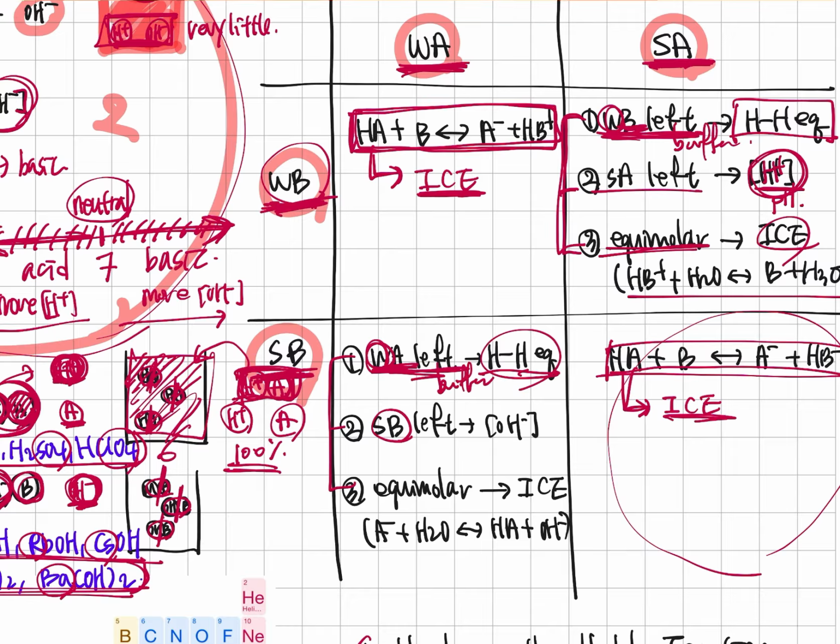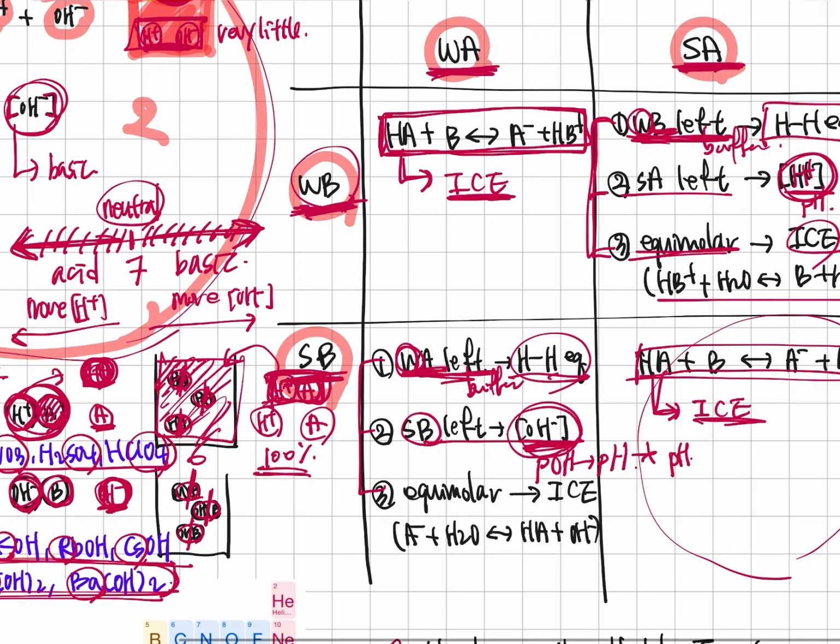And when a strong base is left, you calculate the concentration of the OH minus ions and get your pOH from that, from which you can get your pH, because pH plus pOH equals 14. And when it's equimolar, you use the ice table by writing out the equation like this.